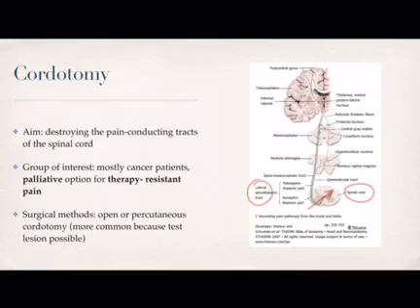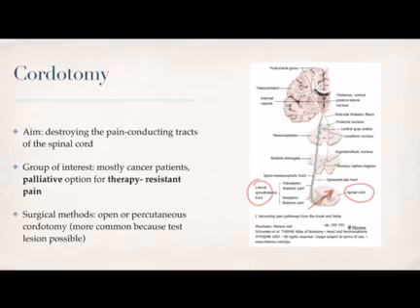And usually the lesion is made in the cervical region at C1 to 2 with a heated electrode with 2 millimeters of exposed tip, and it is heated to 70 to 80 degrees for 1 minute, and this creates the lesion.